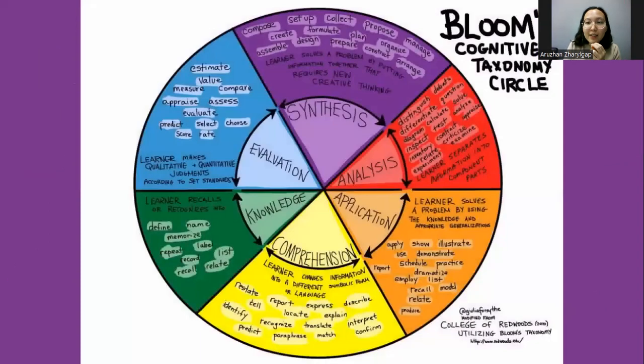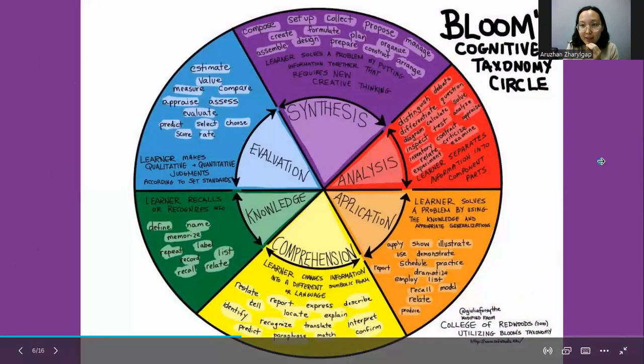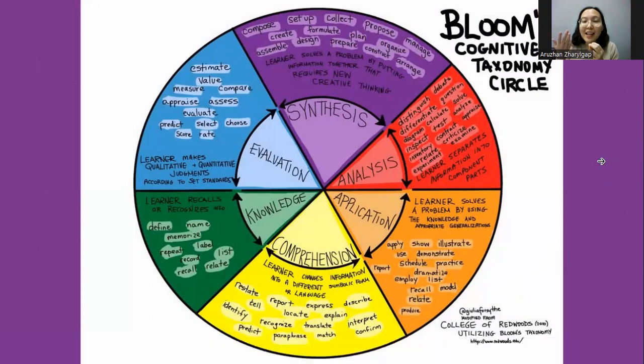And here I want to share with you one method that you can use in order to create your ideal and suitable objectives. This is called Bloom's Cognitive Taxonomy Circle. As you can see here, you have 6 parts, and in each part there are some verbs and explanations, and how you can use it.